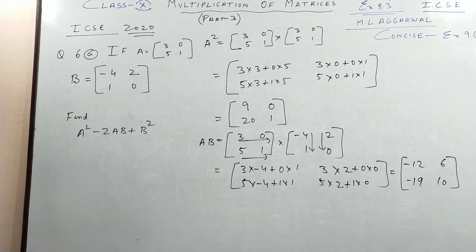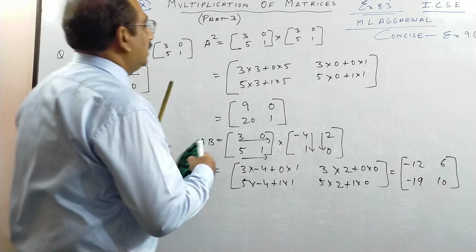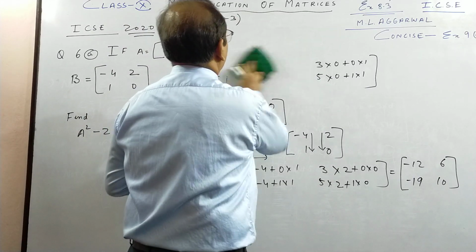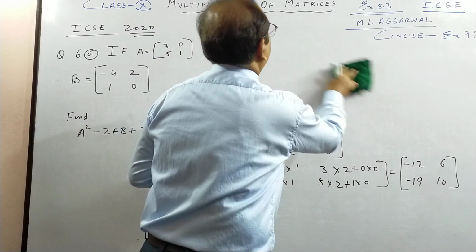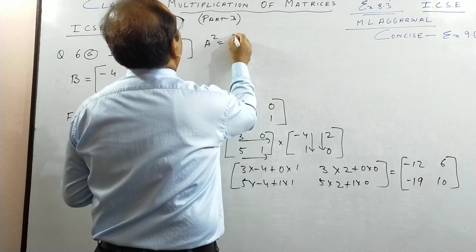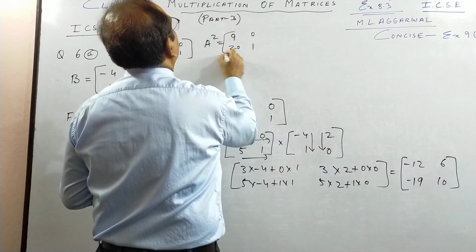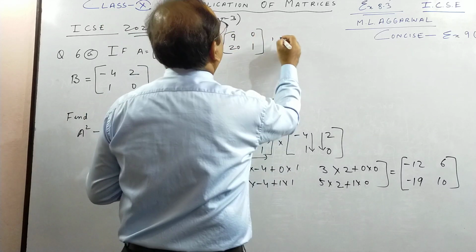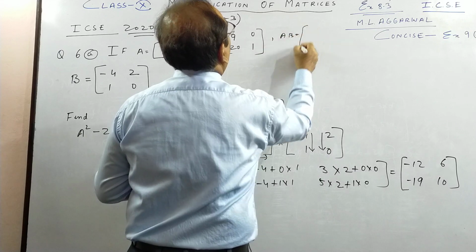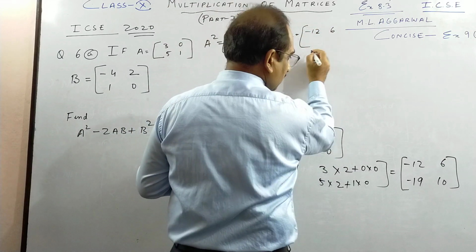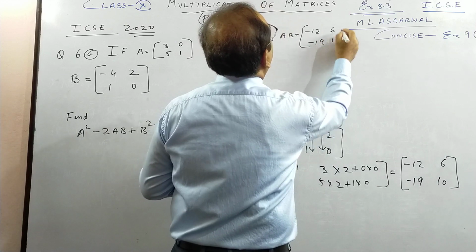Here I am rubbing this part, so you can play back and see if you need. So A square is 9, 0, 20, 1, and here I am writing AB as minus 12, 6, minus 19, 10.